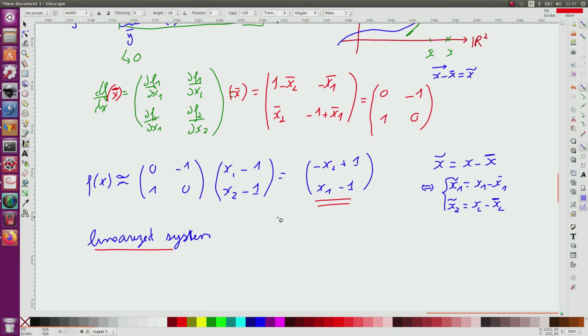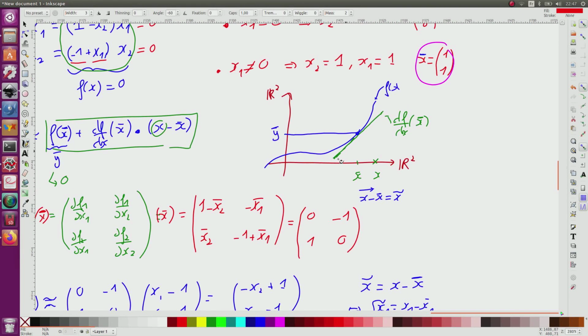This one is affine, but the linearized system is the derivative of x tilde with respect to t is equal to 0, minus 1, 1, 0, x tilde. So it's the same as if I approximate here by the tangent, but I also change a frame, and the frame which was red is now replaced by this one, which is magenta, and here x will correspond to x tilde.